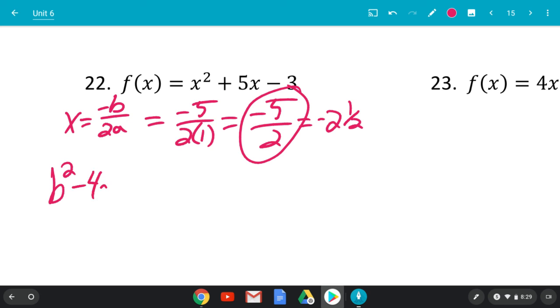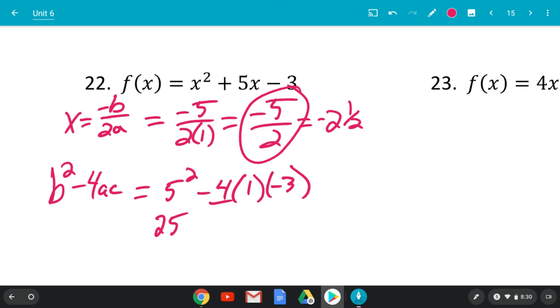Discriminant, b squared minus 4ac, is 5 squared minus 4 times 1 times negative 3. Well, 5 squared is 25. Negative 4 times negative 1 is negative 4. Negative 4 times negative 3 is a positive 12. 25 plus 12 is 37. Here it is again positive, therefore it has 2 solutions.